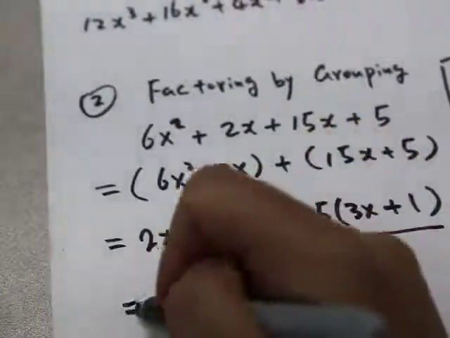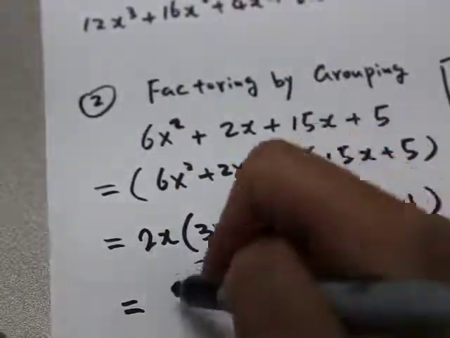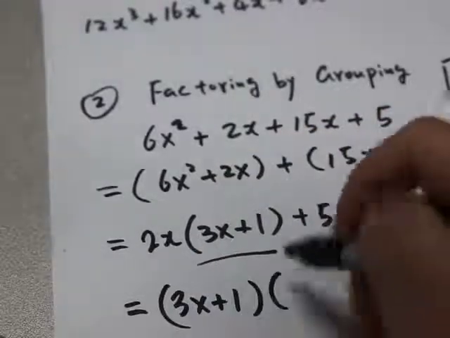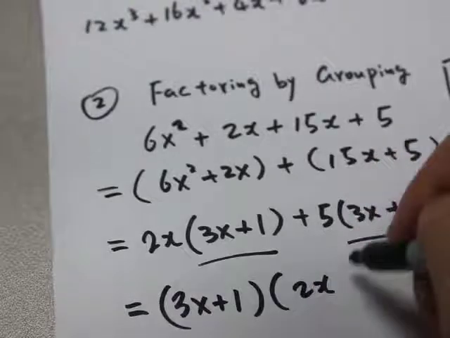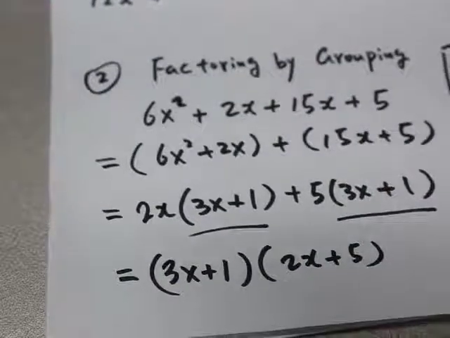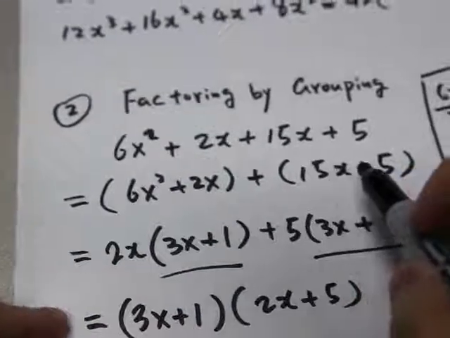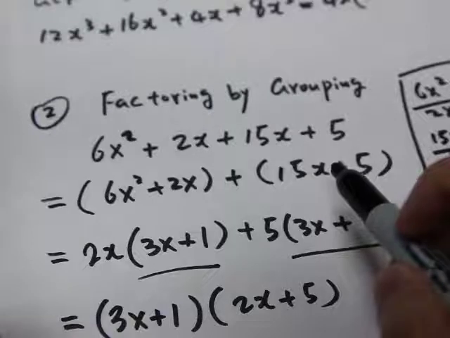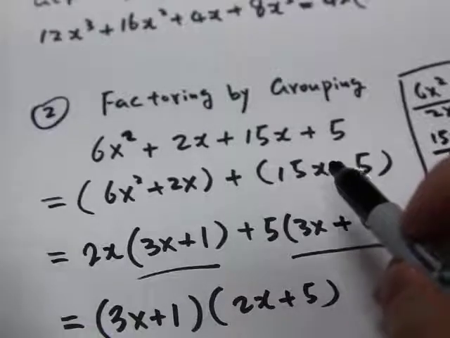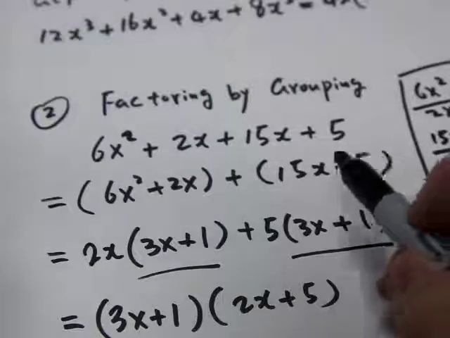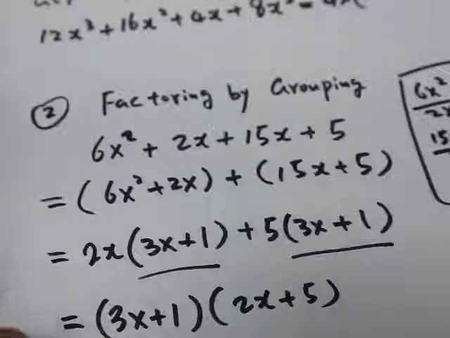Now, since I have the same binomial, I factor it out, and I have 2x plus 5. Okay, and also we said if the second group has both positive and negative greatest common factors, we will factor out the negative greatest common factor.